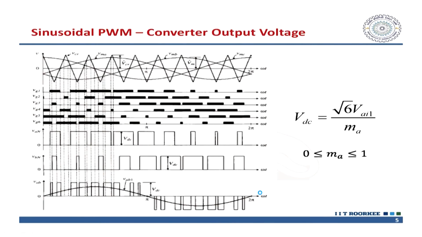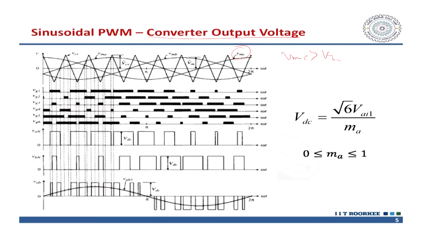So, this is the typical sine wave modulation technique we have discussed in detail. The logic is that the modulating signal, this is VMC, if it is greater than V triangular, or V carrier, then the particular phase is switched on.